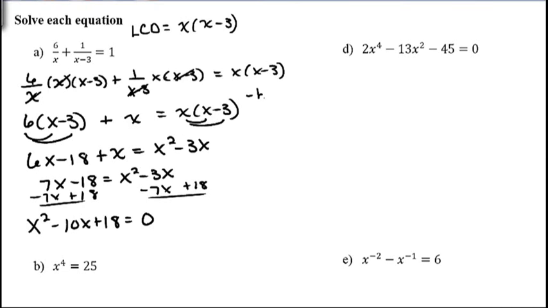Remember, the quadratic formula is negative b plus or minus the square root of b squared minus 4ac, all over 2a. We have negative 10 as our b, so we'll have positive 10 plus or minus the square root of negative 10 squared minus 4 times a, which is 1, times c, which is 18.